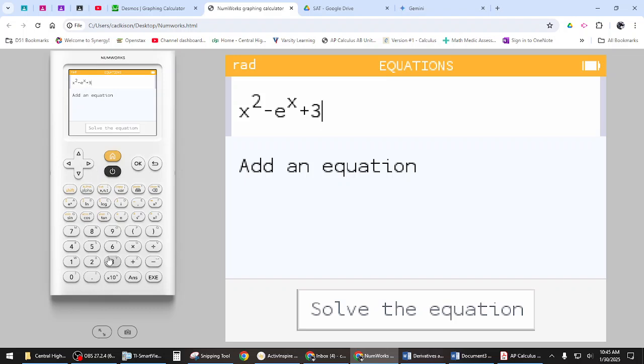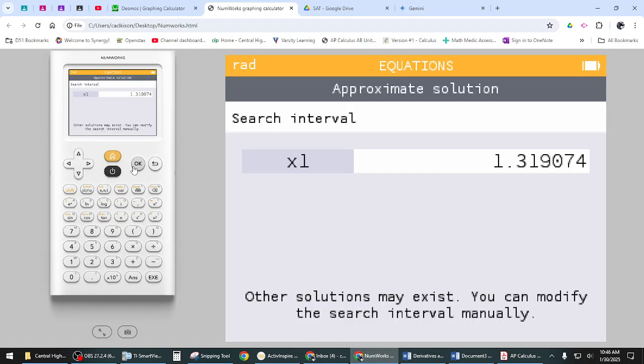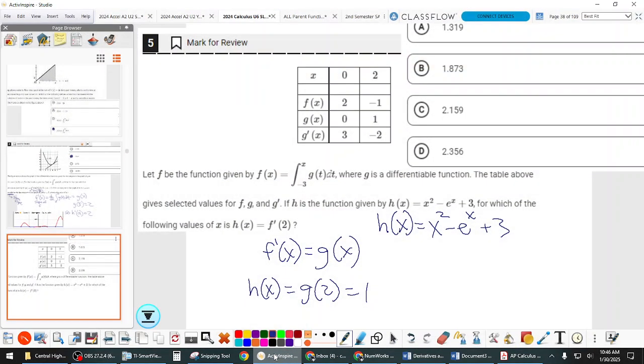And then click alpha pi, or shift pi. Oh, thank you, because there's no way I'm reading that. Oh, sorry. Equals 1. And solve. Wow, that is pretty dang cool. That's why. 1.319 is a.